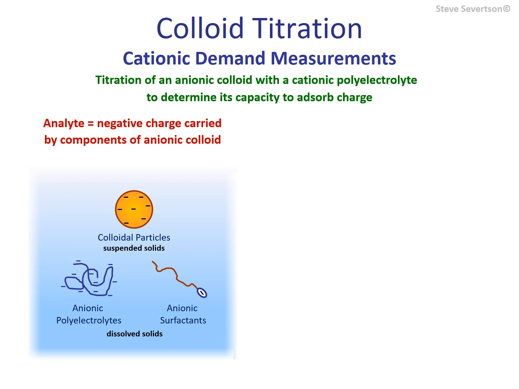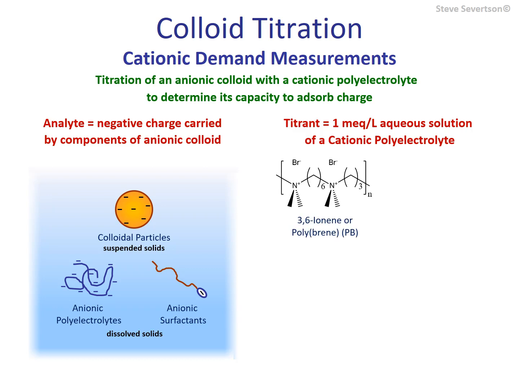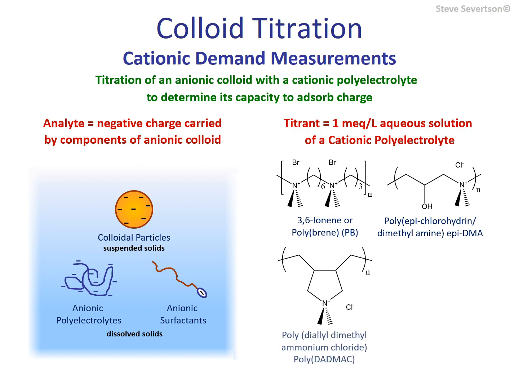This is a practical measurement, which provides an estimate of the amount of charge required to consume dissolved anions, the so-called anionic trash, in addition to the anionic solids. The titrant solution typically contains 1 milliequivalent per liter of a high charge density, low molecular weight cationic polyelectrolyte, such as 3,6-ionene, also known as polybrene, polyepichlorohydrin dimethylamine, or epi-DMA, and polydiallyldimethylammonium chloride, or polyDADMAC.